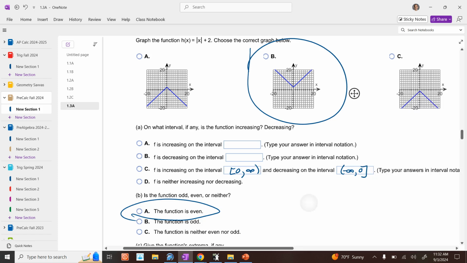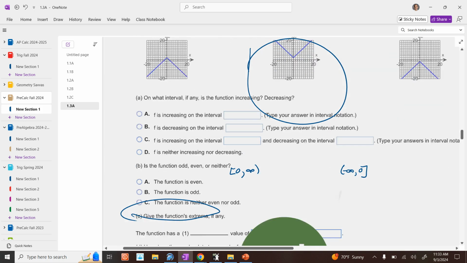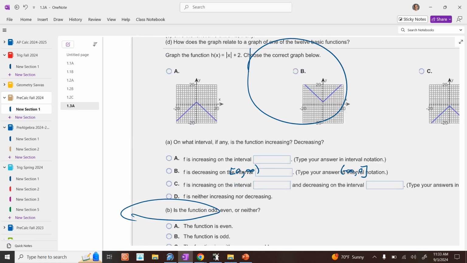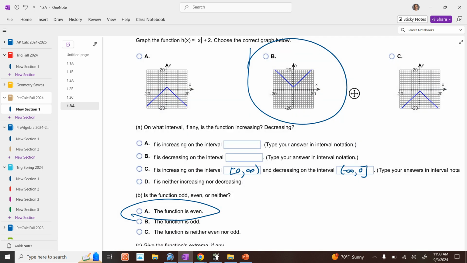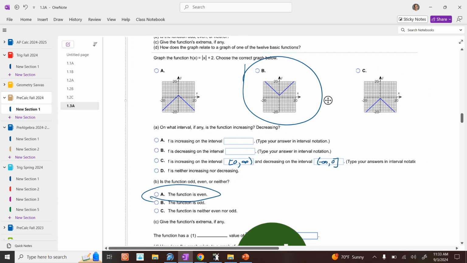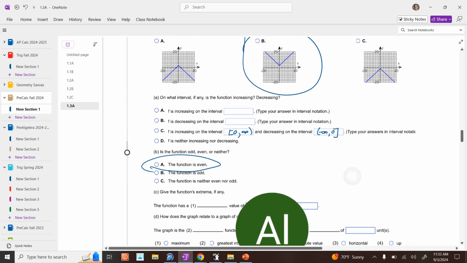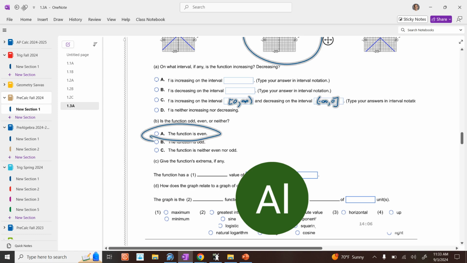Yeah, it has a minimum. Okay. It does have a minimum. What is the minimum value? 2. So the function has a minimum value of 2.